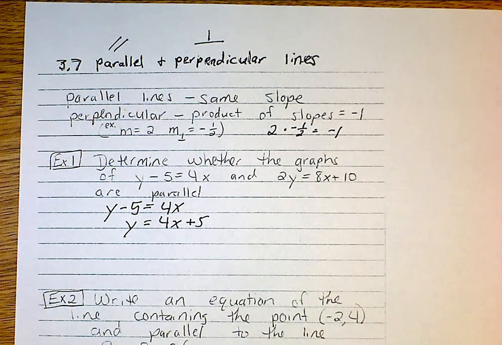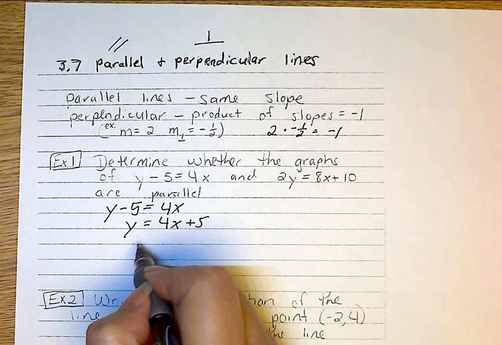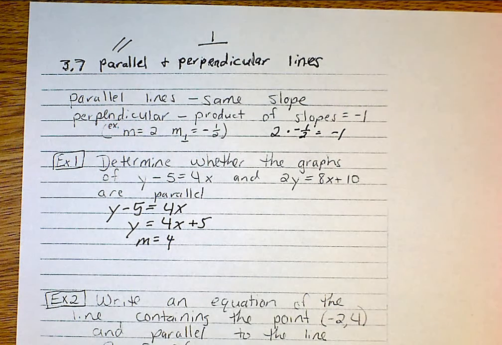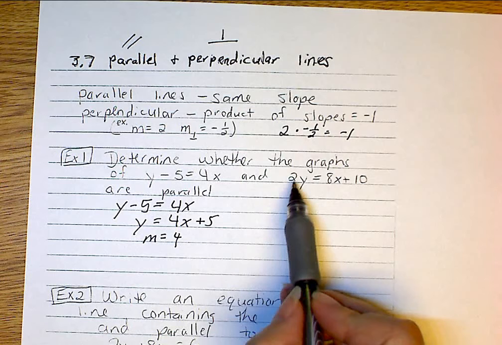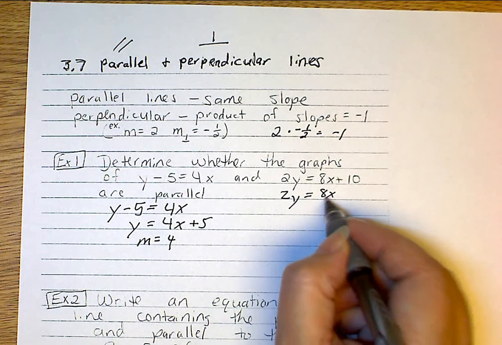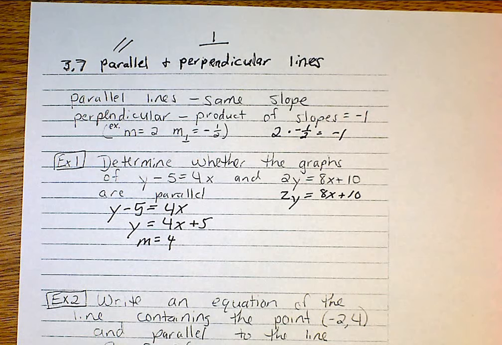So, Tony, what is my slope? Is 4. Very good. Alright, on this side, I have 2y is equal to 8x plus 10. Josh, what do I have to do to solve for y?